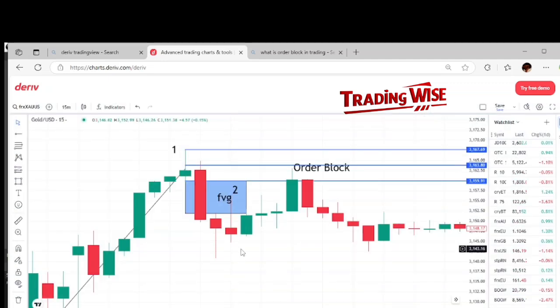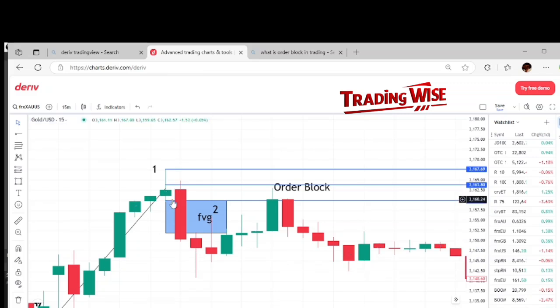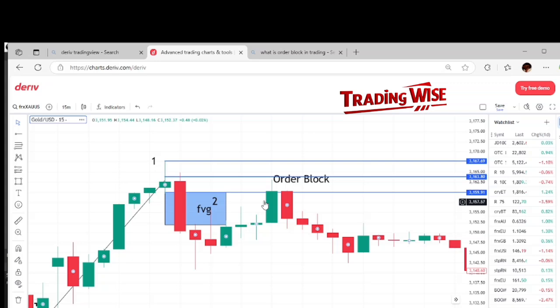Now you can see that I have measured the 50% of this order block. Price will always try to come inside and take at least above 50%. But in this case, when the order block was formed and validated, price came in, and though it was not able to take up to 50%, it went downward.